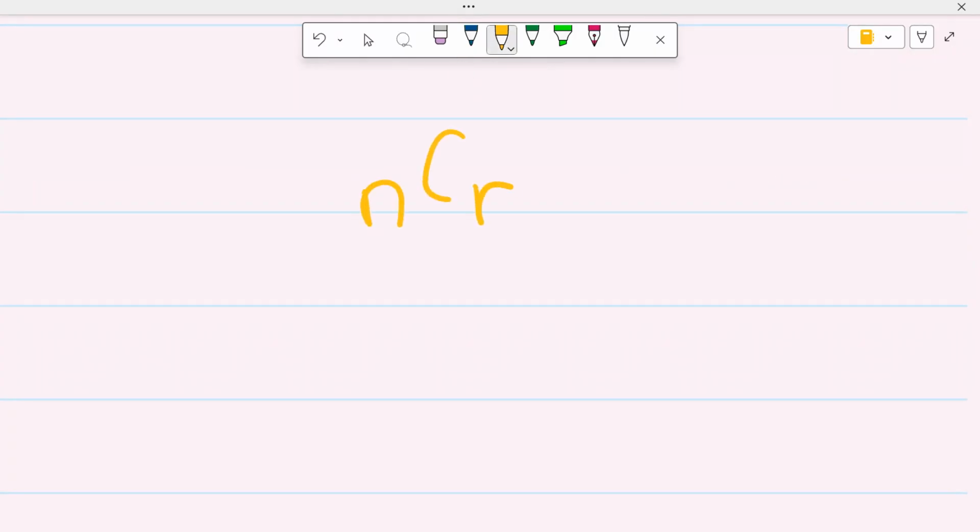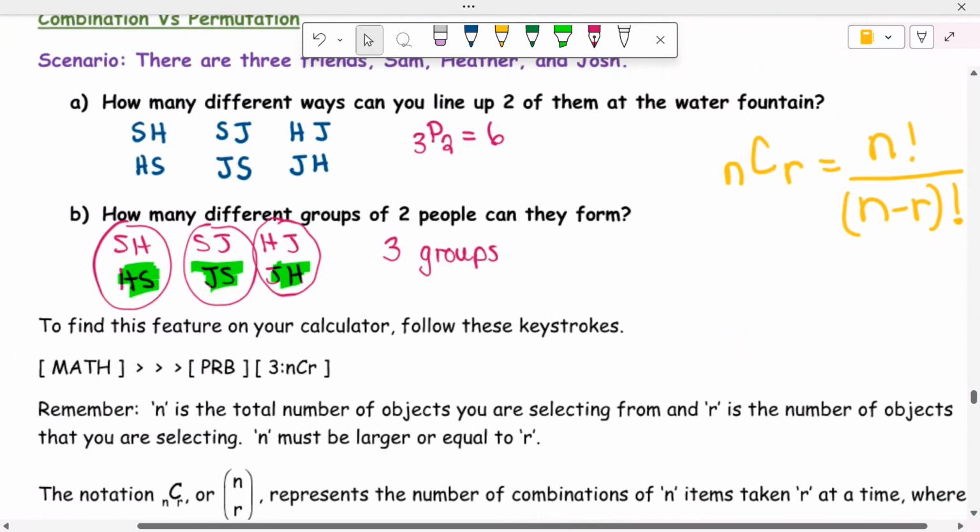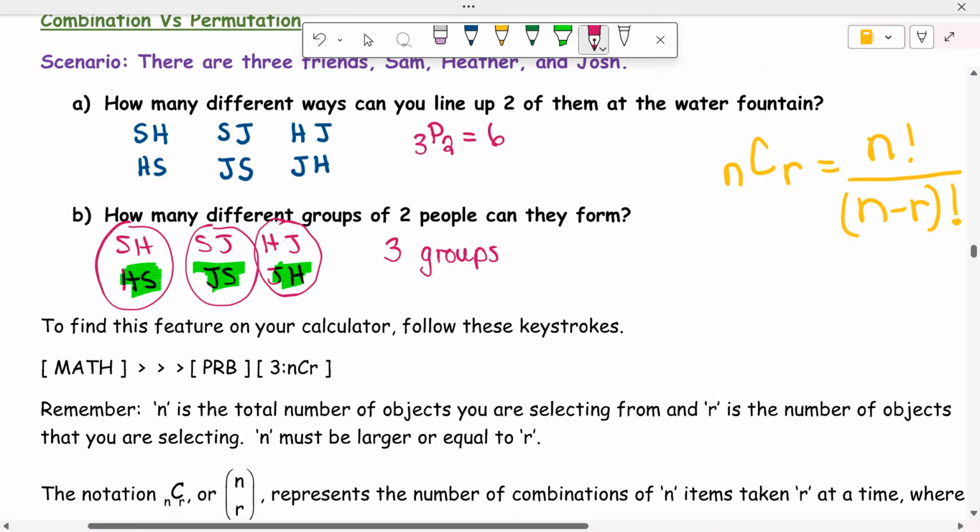So for combinations, you're going to find yourself using this notation a lot. For this question here, guess what the notation would have been? How many people do I have? 3. And I want to make a group of?